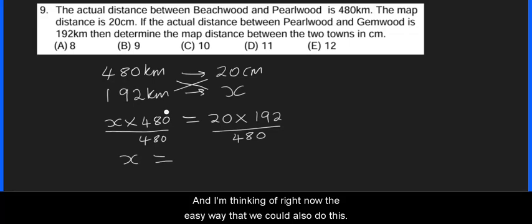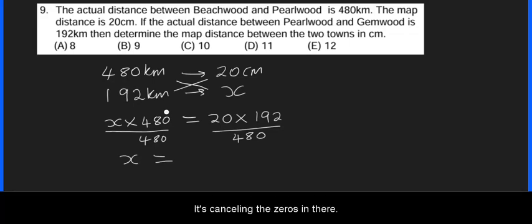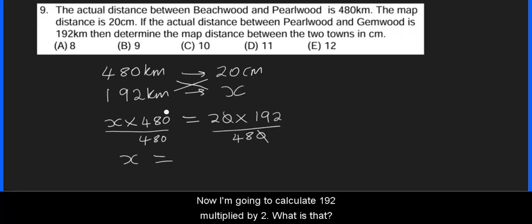The easy way that we could also do this is canceling the zeros in there. If we can cancel the zeros, that will be a better way. Now let's cancel that. Now we have canceled that. Now I'm going to calculate 192 multiplied by 2.